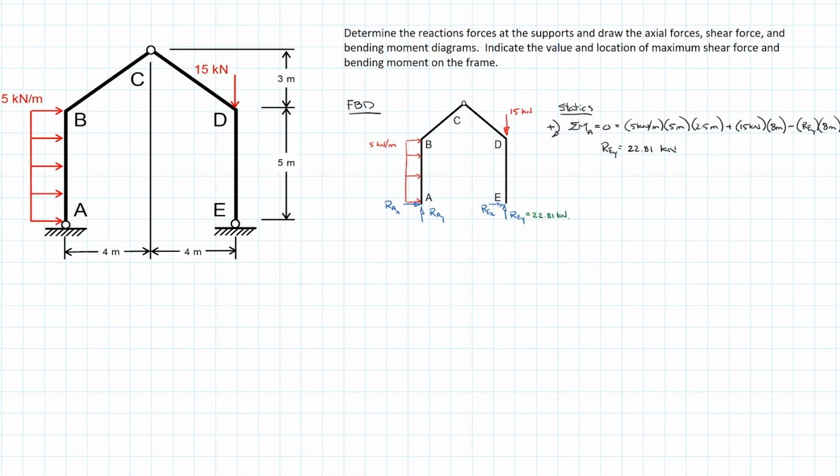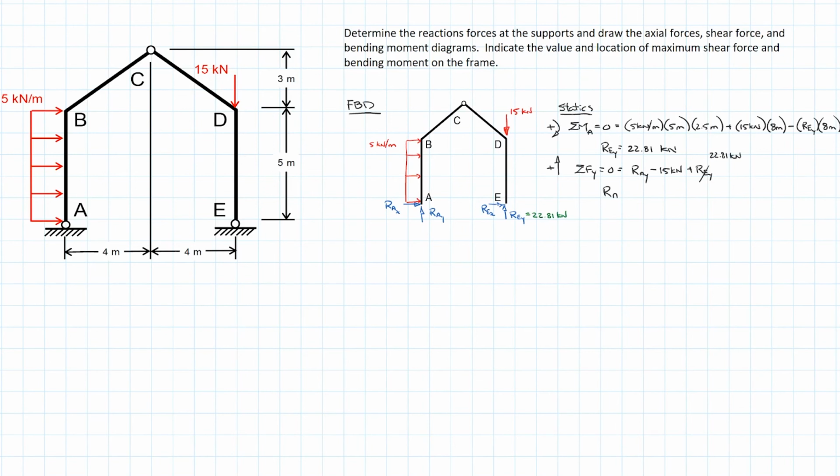So we can do one more. We can go on and look at the sum of the forces in the y direction equal to 0. We'll use for this positive up. And so we have RAY minus 15 kilonewtons for the point load plus REY, which we know is equal to 22.81 kilonewtons because we've already solved for it.